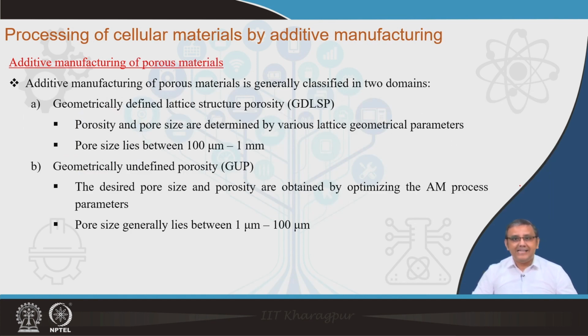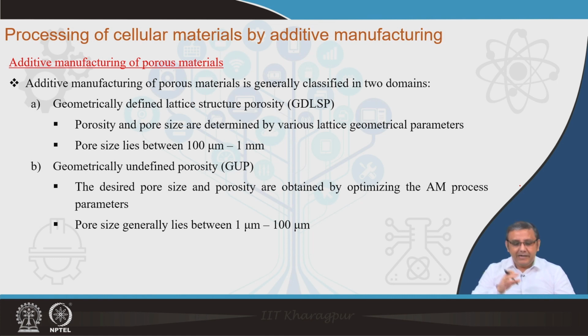Now, as I already mentioned and as we all know, AM techniques are these days very often used for fabricating many kinds of materials like ceramics, metals, composites and so on. They are also very often used for fabricating cellular materials with very well defined porosity and pore morphology.